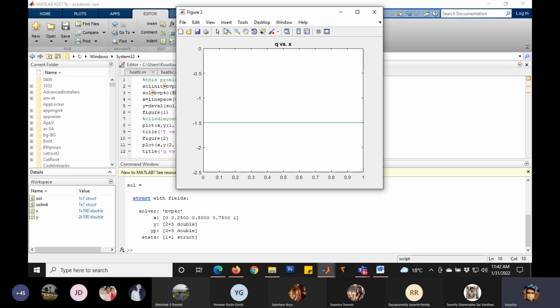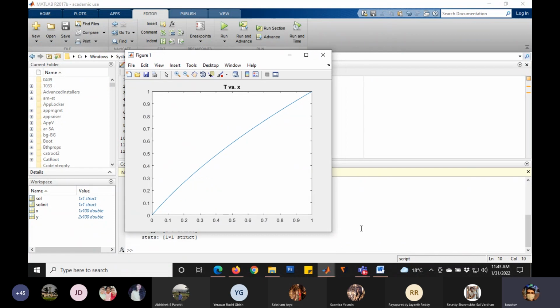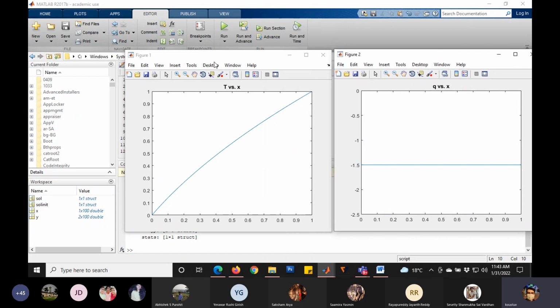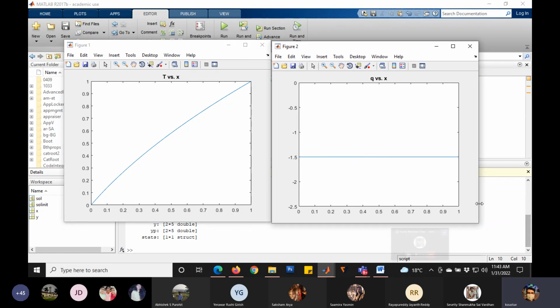So now I think you can see here, this is the temperature and this is the heat flux. Here we can see that we specified 2 boundary points, so it is achieved, and it approximates the function.